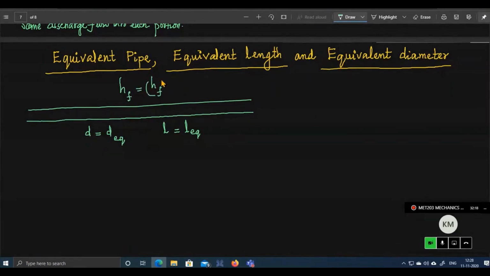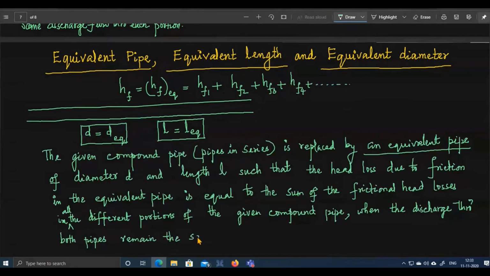So HF equivalent is in fact the sum of the individual head losses due to friction, HF1, HF2, HF3 plus HF4 and so on, of the different portions in the compound pipe. This is the concept of equivalent pipe. For analysis, the piping engineers do this process.